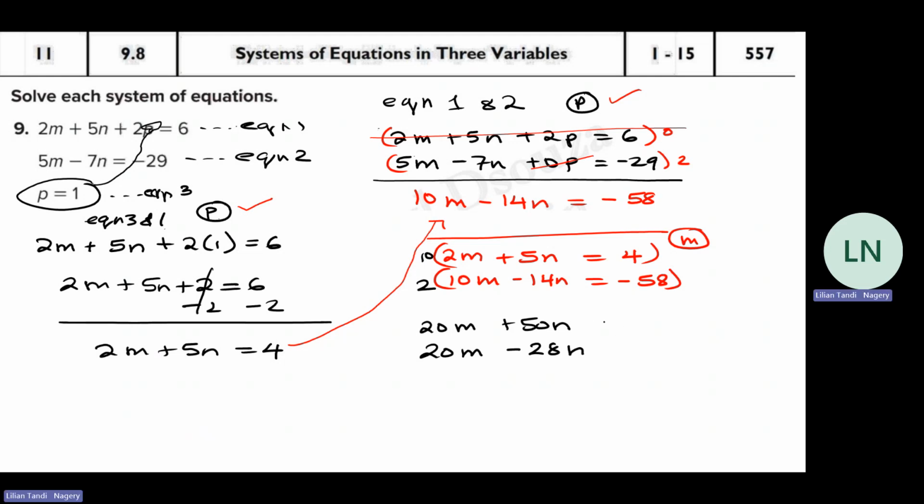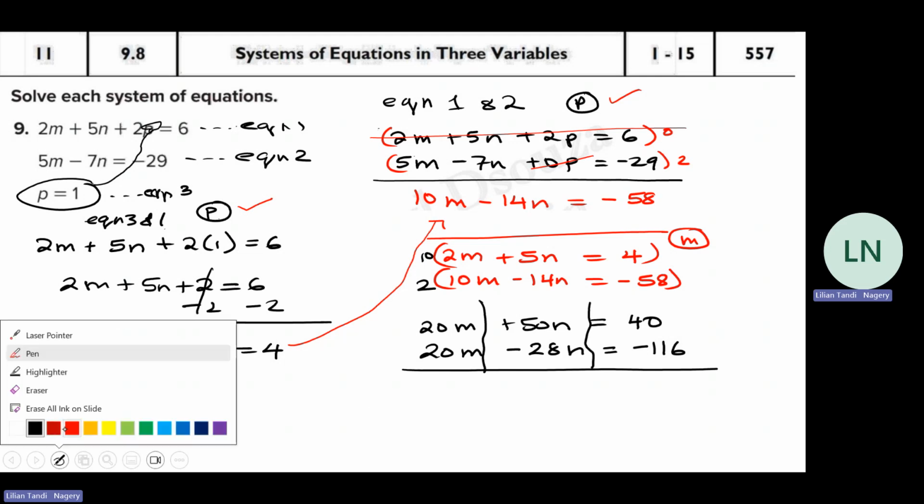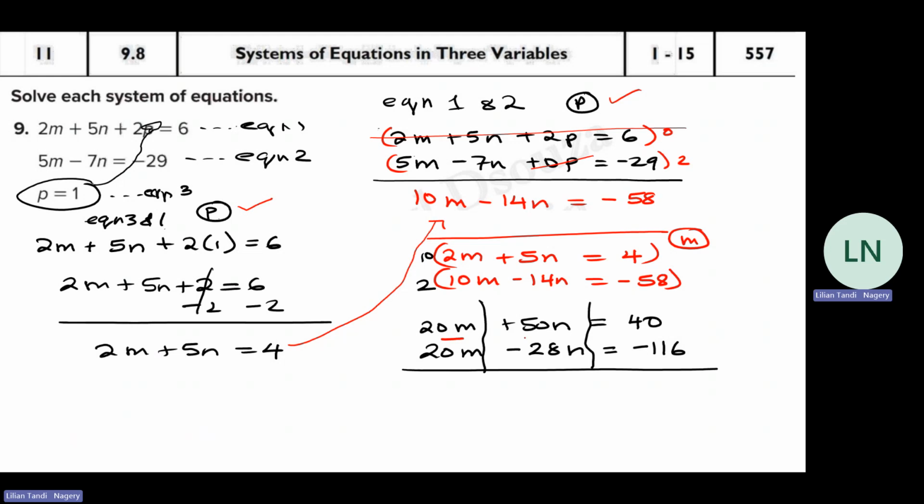And then 40, something to do with 116, negative 116. Wait. Box my answer. I want to make m 0, so I will subtract. So this goes away.